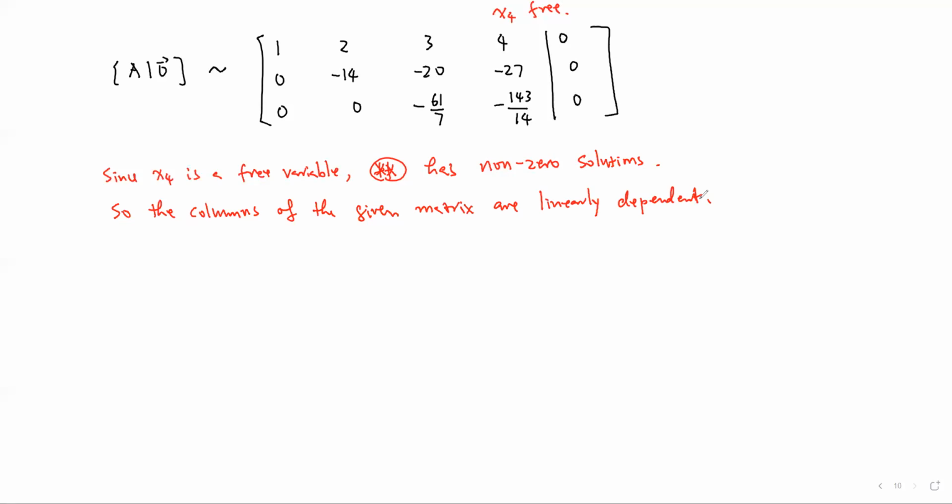Because the columns are linearly dependent, at least one column is linearly dependent on the other columns. In other words, at least one column is a linear combination of the other columns. Done. Example 2 done. Now, more examples. Example 3.